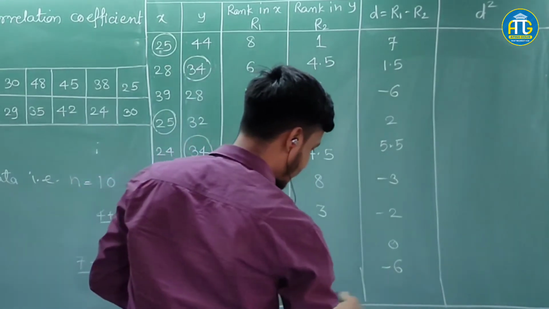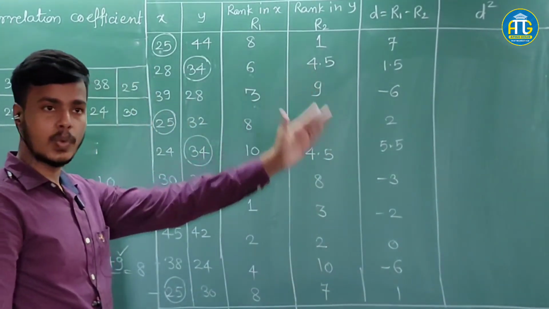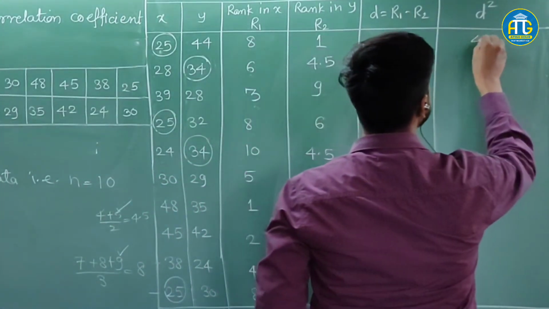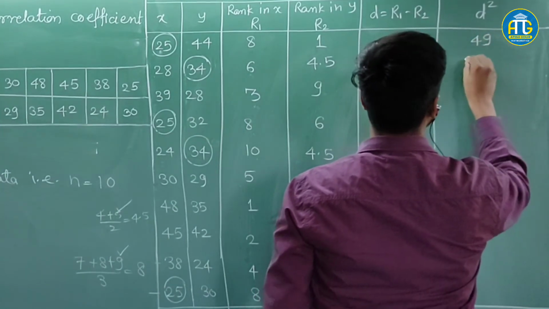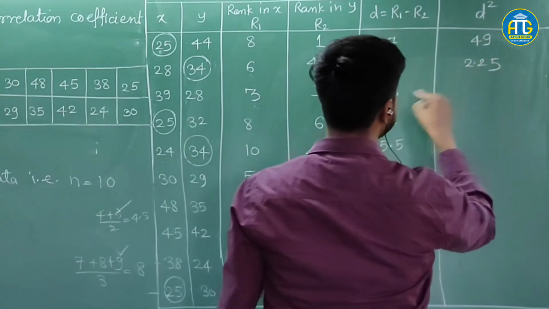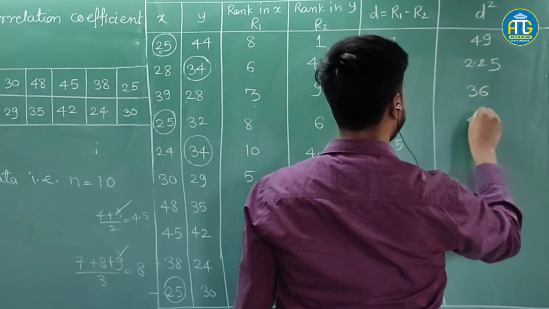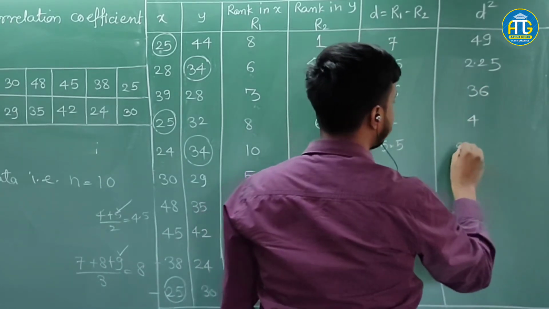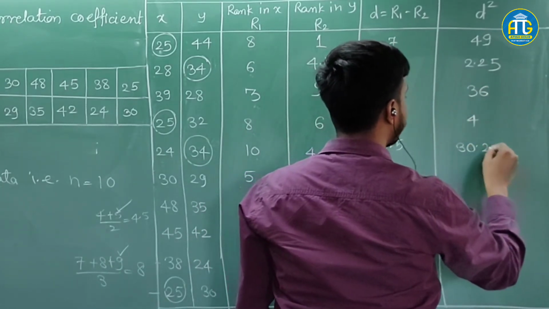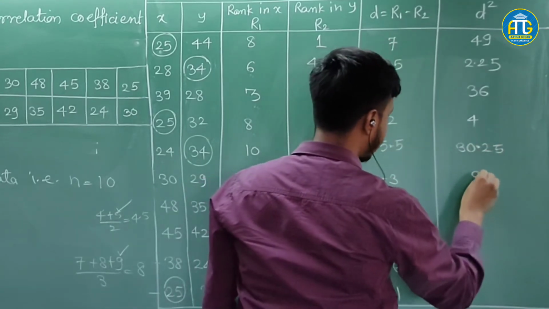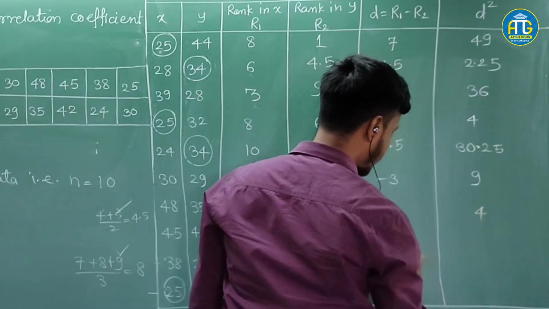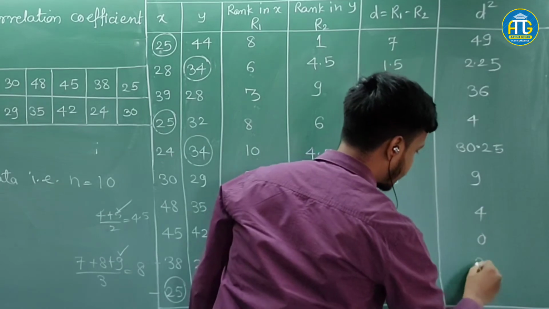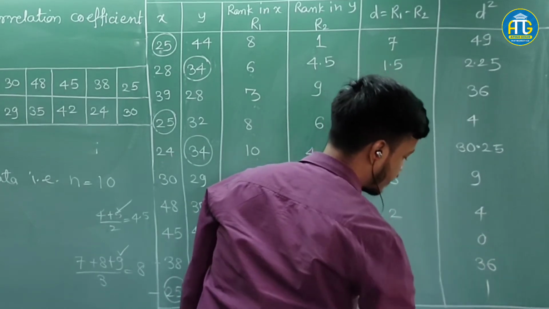And 8 minus 7 is 1. Now take the square of these values. So this is 49, this is 2.25, 6 square 36, 2 square 4, 5.5 square is 30.25, then 3 square is 9, 2 square 4, 0 square 0, 6 square 36, 1 square 1.